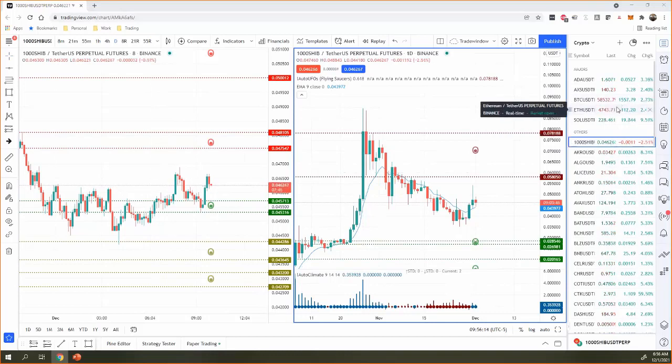So that just means money is flowing into the majors and not into the joke coins, right? So then there will be a time where these will be either stagnant or a little bit up or a little bit down, and these could be up nearly 10, 15%. So that's just how things cycle here.